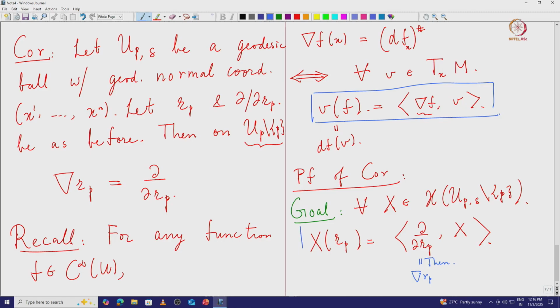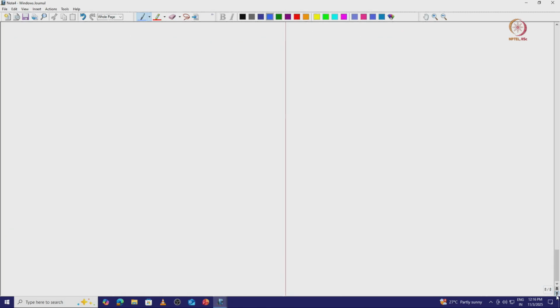So it's enough to prove this equality in the box.